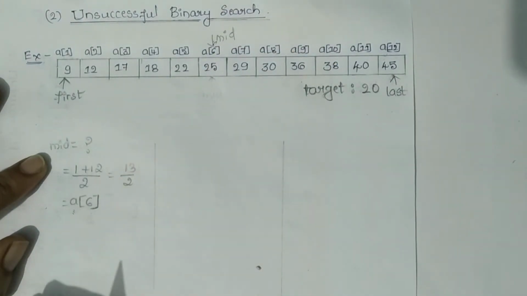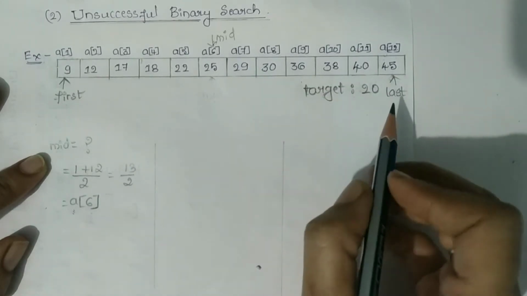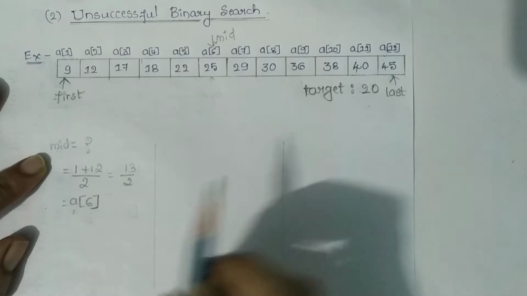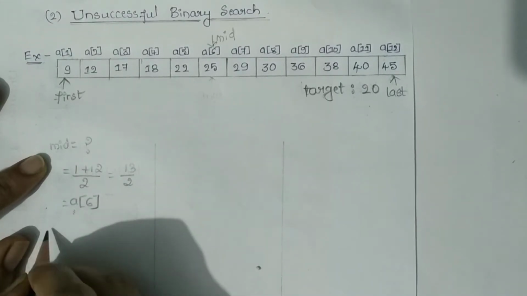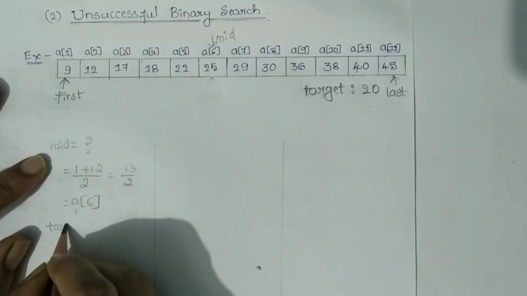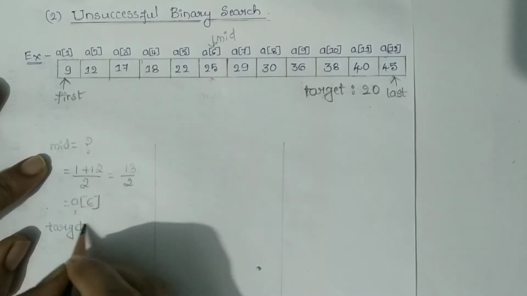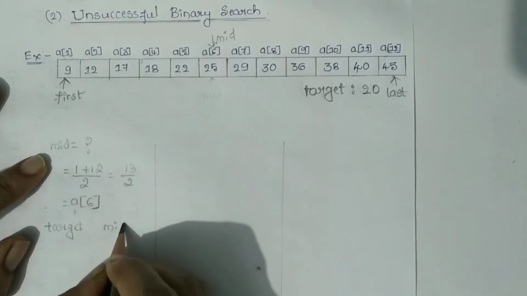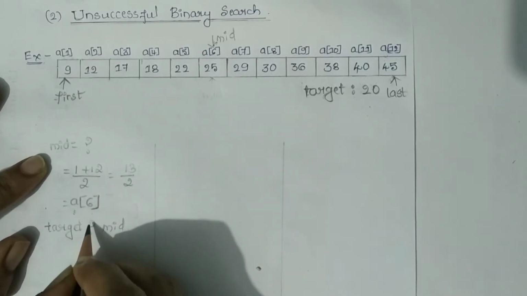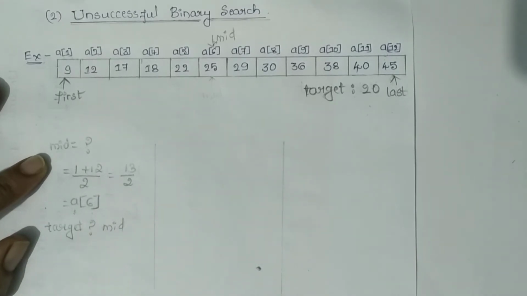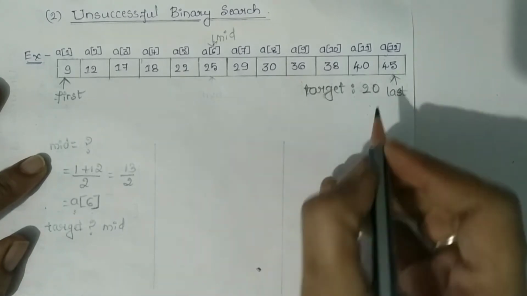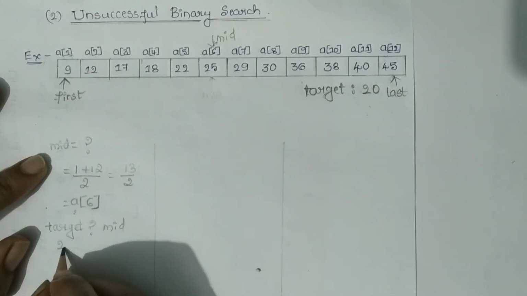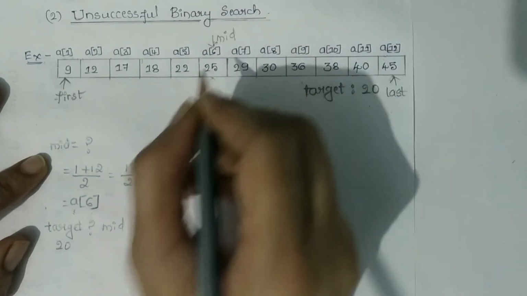We have to compare the target with the middle value. What is the target here? Target is 20. Compare the target value with the middle value. Target is 20 and middle value is 25.